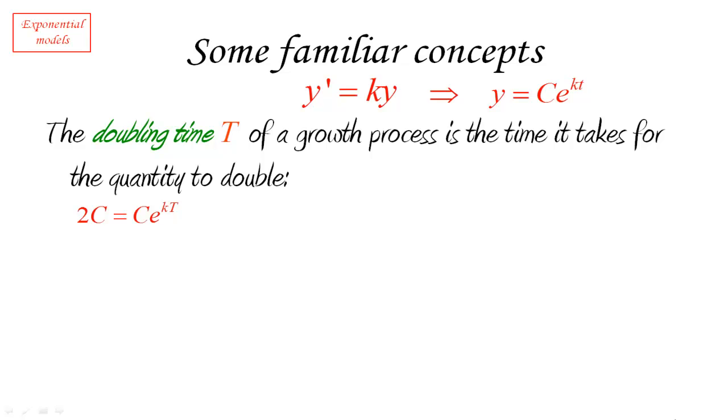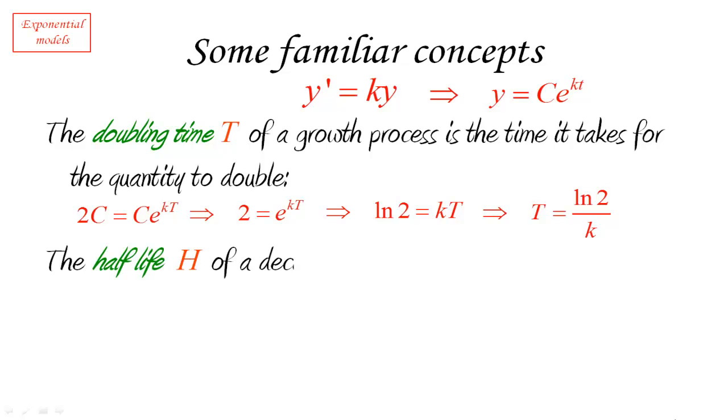Well, notice that now the C can be cancelled, which means that the initial amount doesn't really matter. Okay, and once we cancel the C, we can easily solve that equation. Take the logarithm of both sides and divide by K, and we end up that the doubling time is actually equal to ln 2 divided by the proportionality constant K.